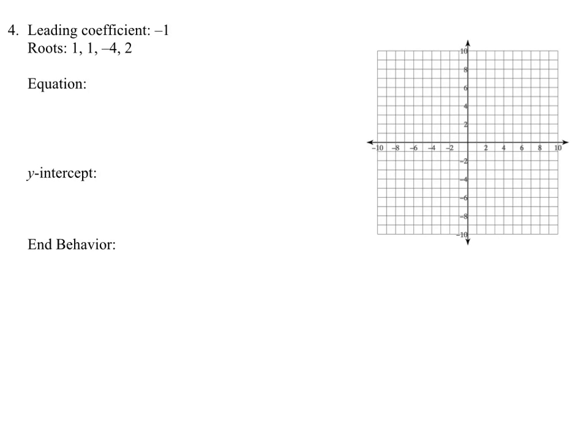Our final example is a little bit different because I have these 2 roots that are the same. That means that x equals 1 has a multiplicity of 2.